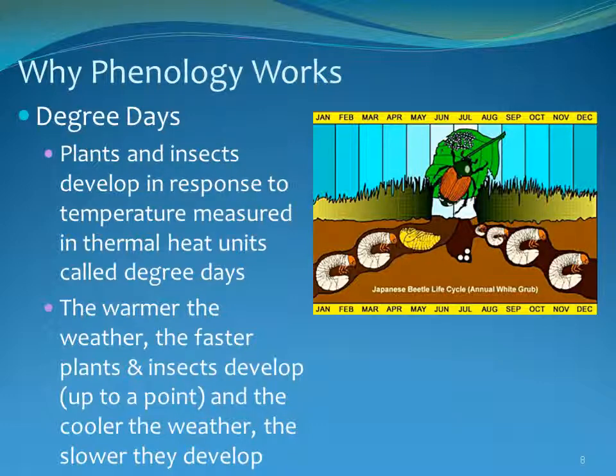And Japanese beetle again, here we've got an example. You can see that the adult beetle in the chart is appearing right around July or the end of June when it is an adult. Now I'm still digging up in my yard and here at the teaching garden fully developed grubs, but not the pupal stage. So we might be lucky and they might show up a little bit later this year.